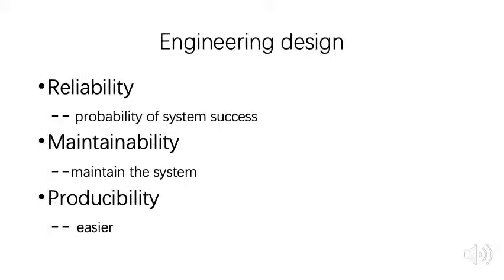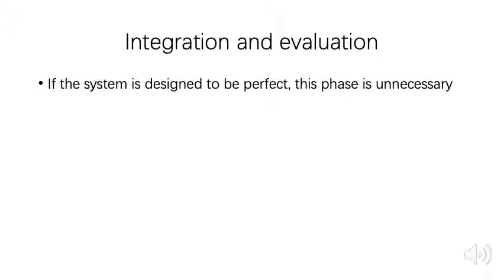Next I will introduce the last phase of engineering development, which is integration and evaluation. Before that, I need to let you know that if the system is designed to be perfect, this is unnecessary.